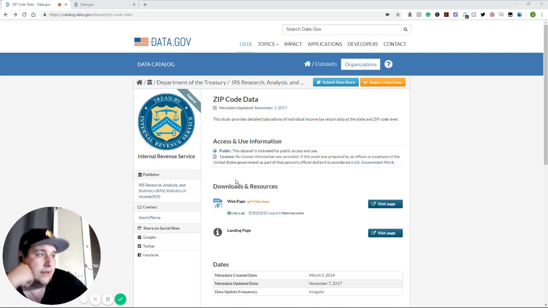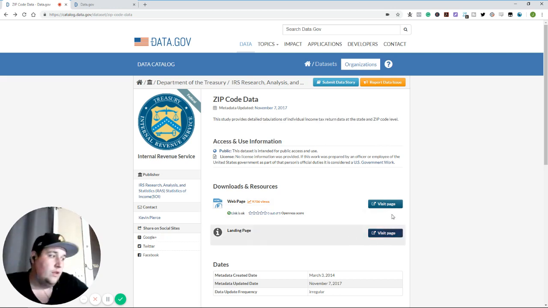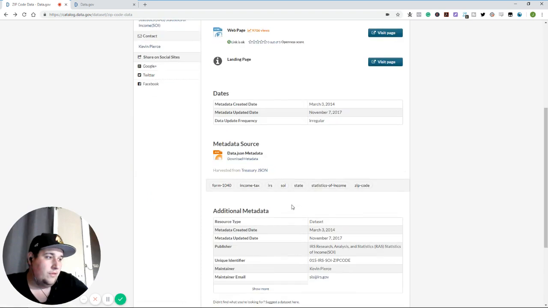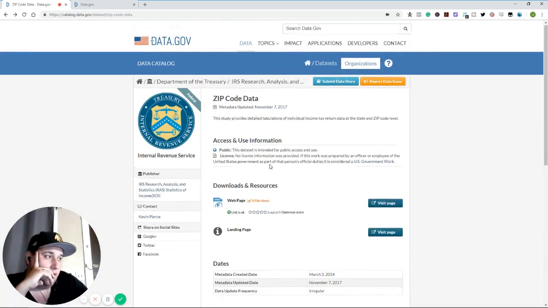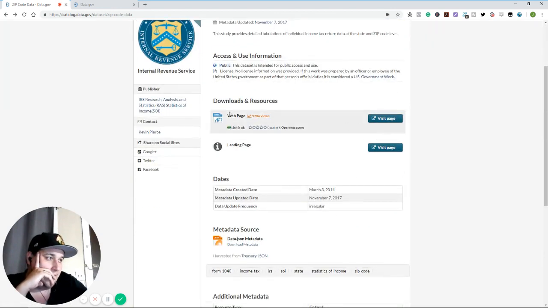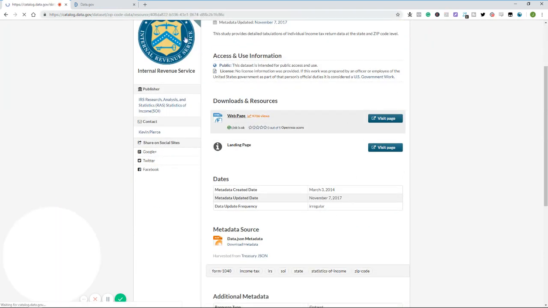So, I'm looking at data.gov right now, and this is zip code level data with individual tabulations of individual income tax return data at the state and zip code level, right? So that means literally that I can pull and see individual tax returns at the state and income level.